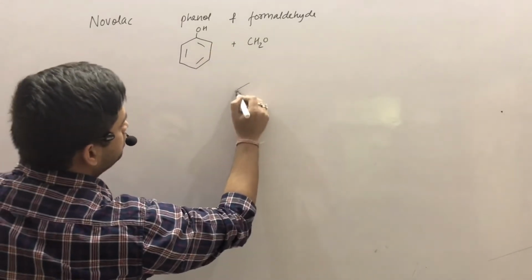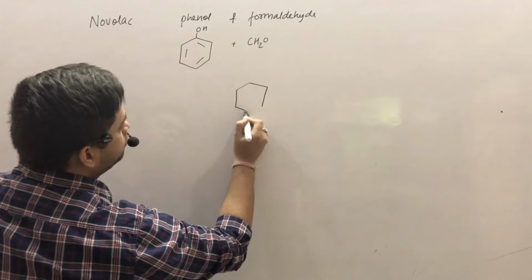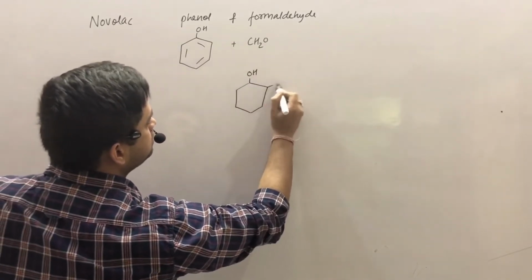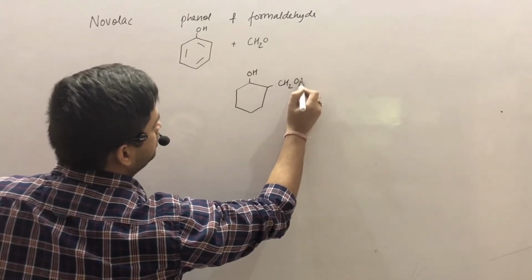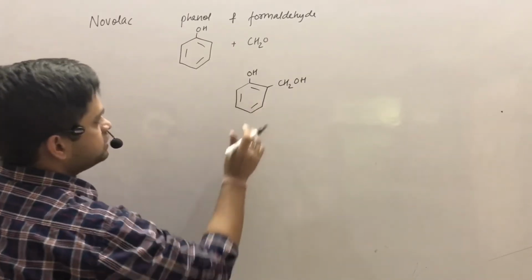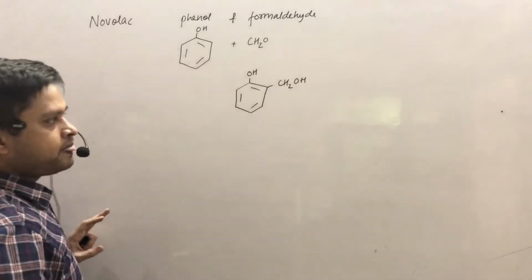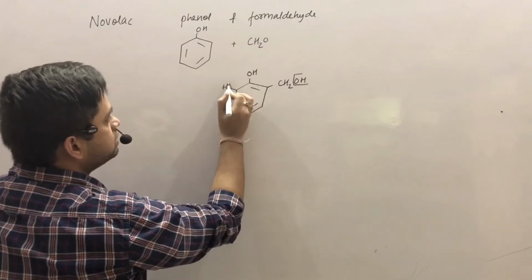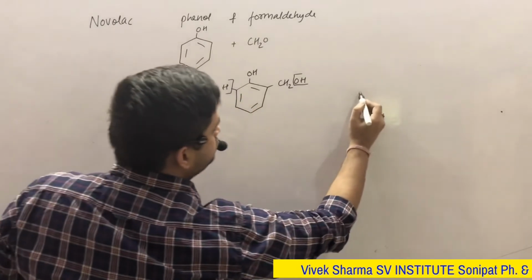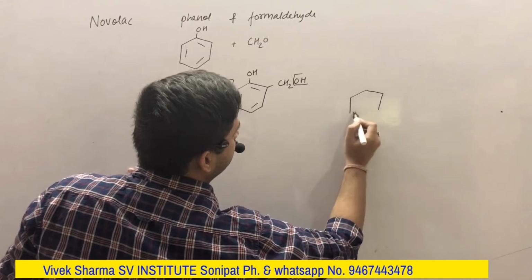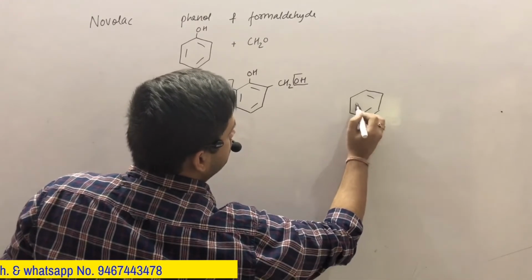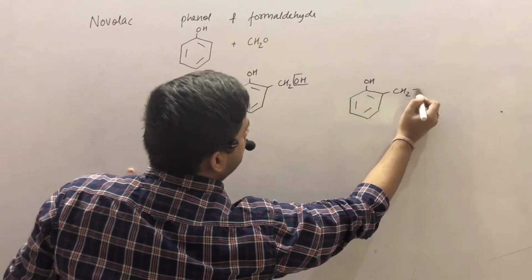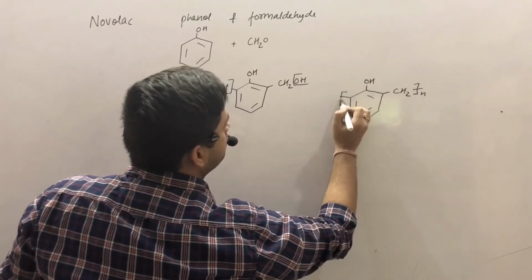So the repeating unit formed after combination of these two monomers is this unit. This is the repeating unit for Novolac, and with elimination of OH from this side and hydrogen of this leads to formation of the polymer, and that polymer is Novolac.